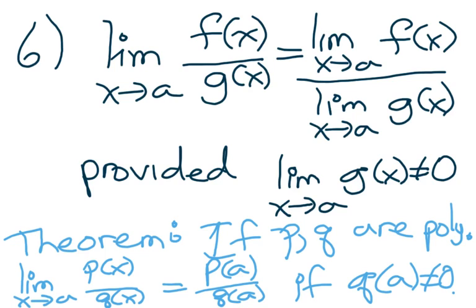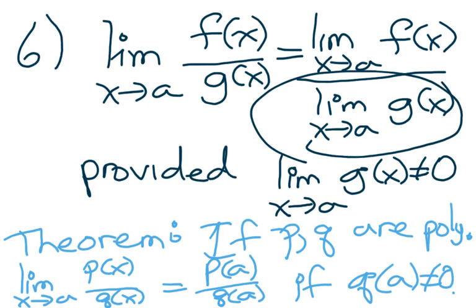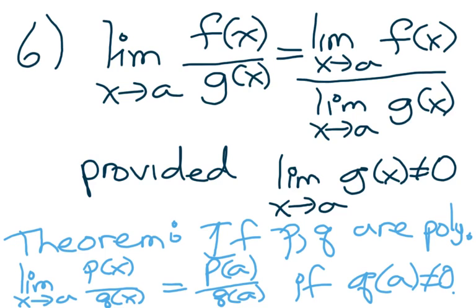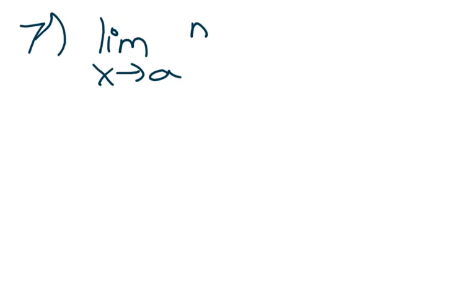All right, so there's a couple more limit laws that have a similar idea where we might get some kind of restriction based on some kind of domain issue. And so 7: the limit as x approaches a of the nth root of x. So if we have the nth root of x, we do have to be careful here. There's a very obvious restriction.